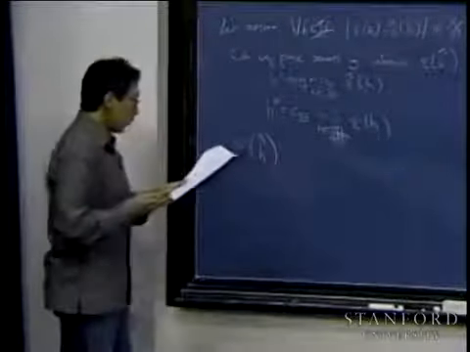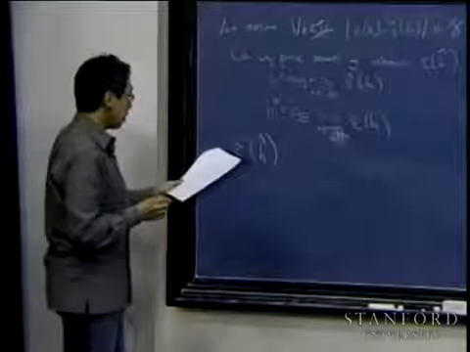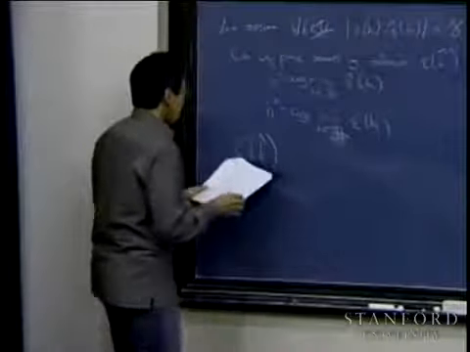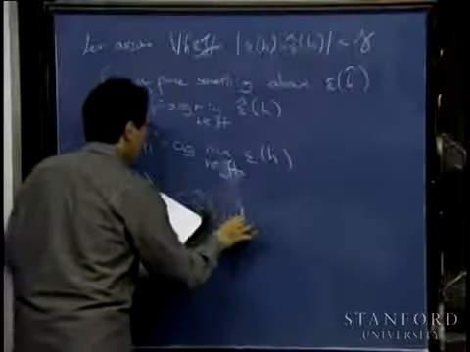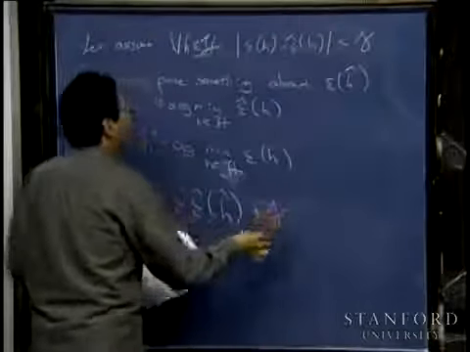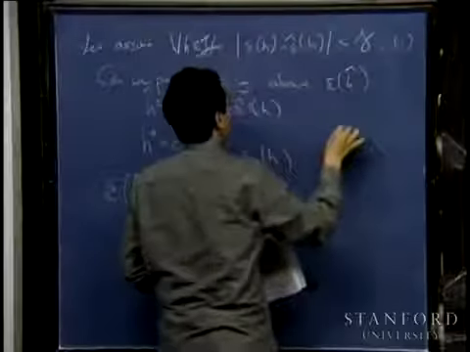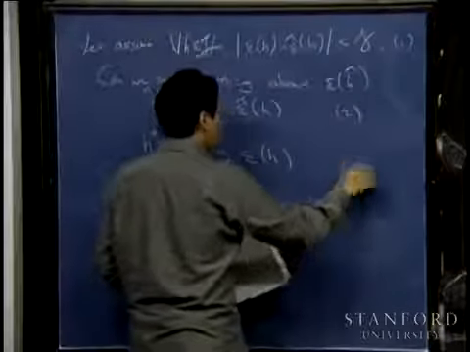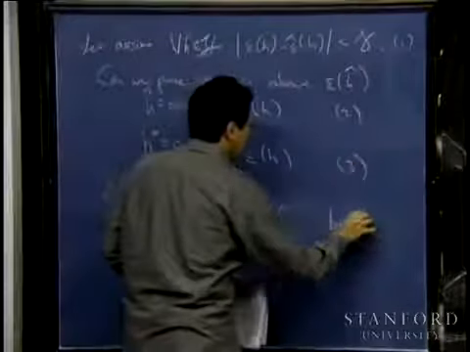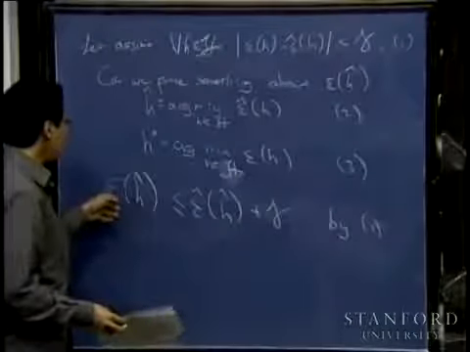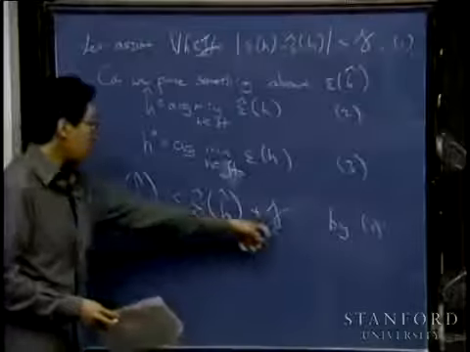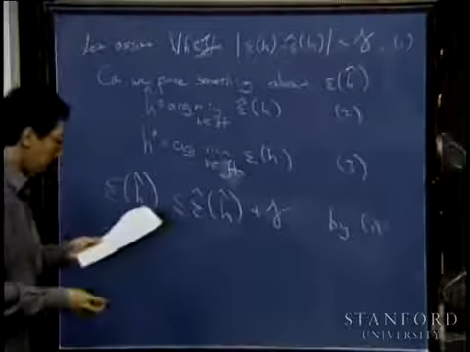So the generalization error of H hat, the hypothesis I chose, is going to be less than or equal to that. Actually, let me number these equations. This is because of equation 1, because I assume that epsilon of H hat and epsilon hat of H hat were within gamma of each other.